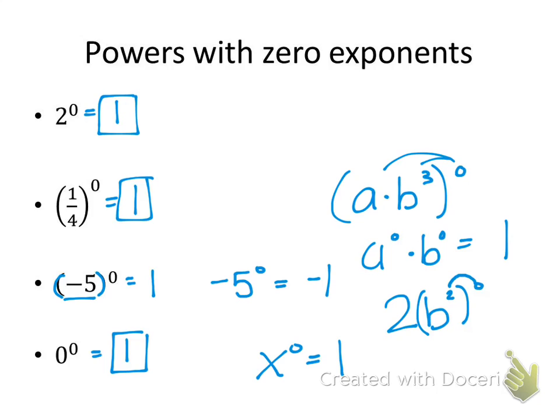Just to the b, because the b is the only thing in parentheses. Now, if the 2 is in parentheses, then yes. So it's just to the b. So 2 times b to the 0 power. So now I have 2 times 1, which is 2. Does everybody see that? The only thing that gets made a 1 is the thing that has the 0 power. If your other term does not, then it stays just the same. So, anytime you have a 0 power, what's your answer? 1.